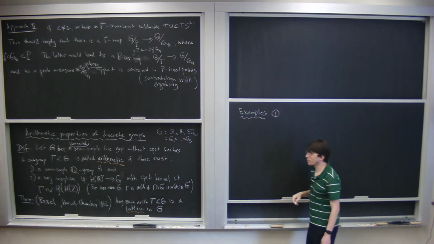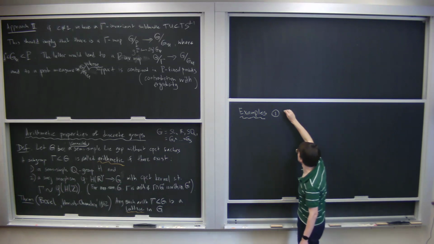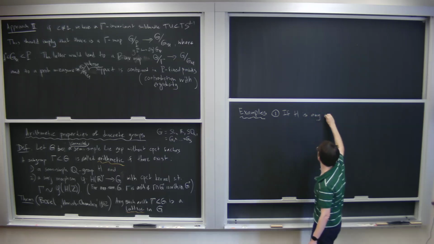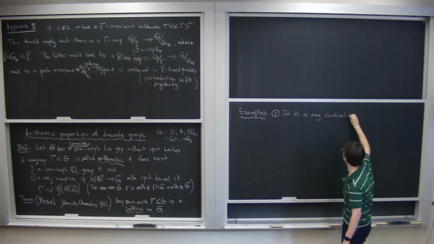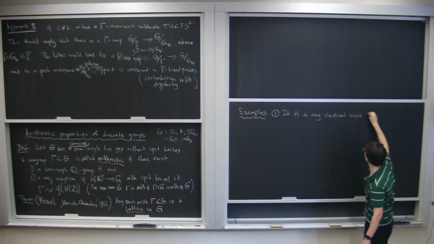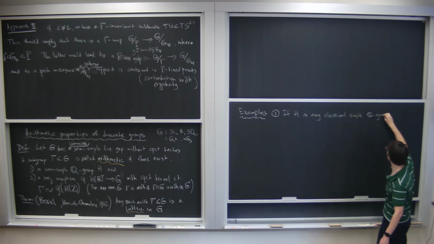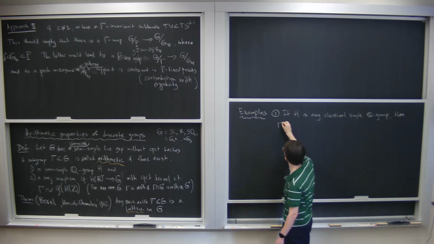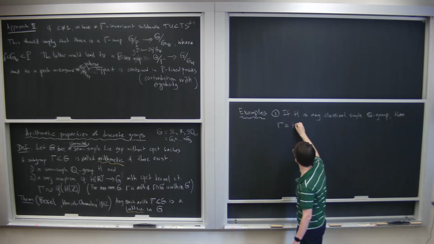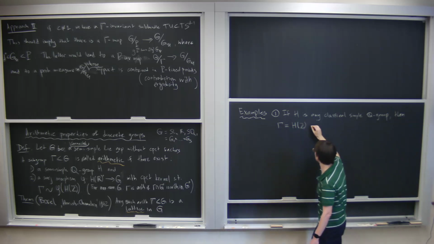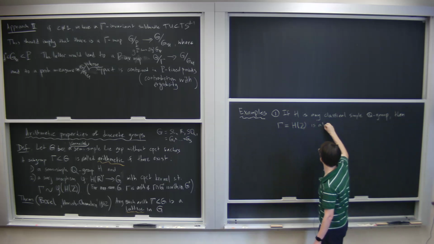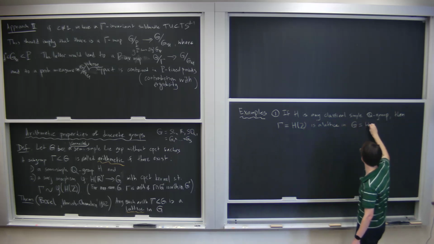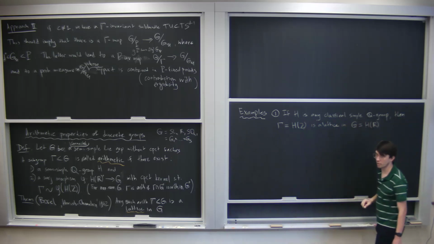As an example, I can just take any classical, say simple, Q group H. Then gamma, which is H of Z, is a lattice in the Lie group G, which is H of R, right?